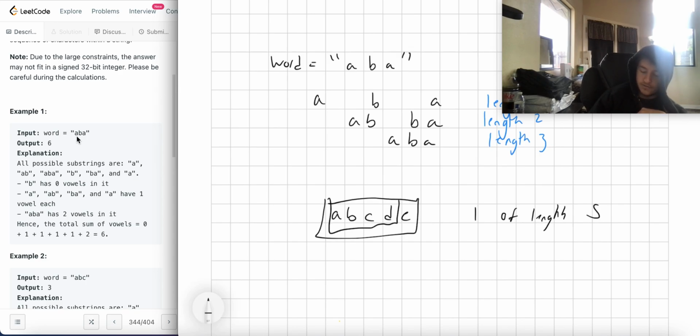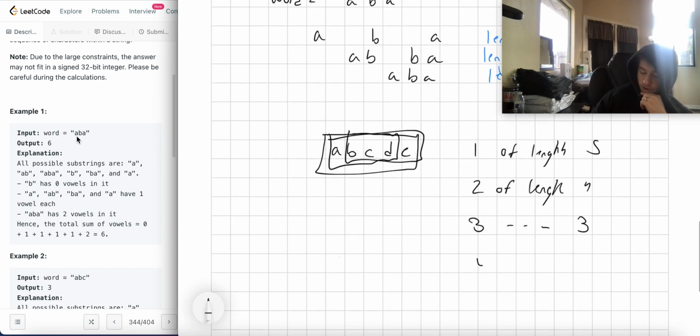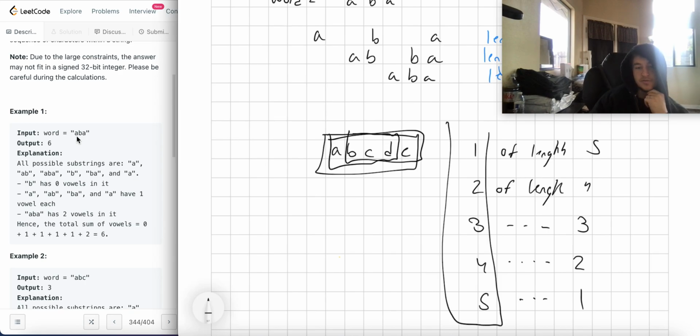There's 2 of length 4, 3 of length 3, 4 of length 2, and 5 of length 1. So how many are there total? There's 1 plus 2 plus 3 plus 4 plus 5 for a length 5 string.